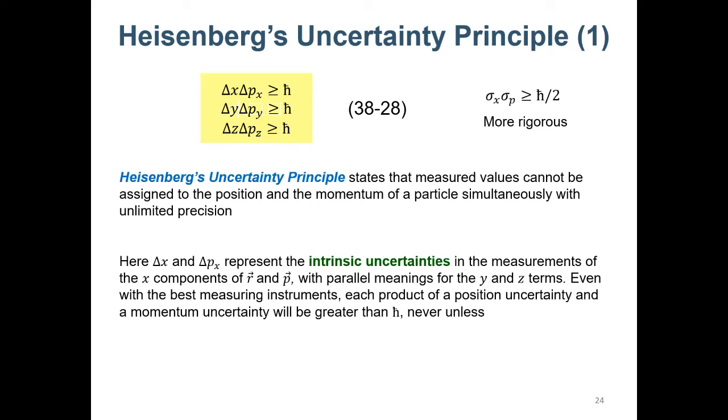So last time we stopped here, which is the Heisenberg uncertainty principle. In the textbook, the version is like this: delta x times delta px is larger or equal to h bar.